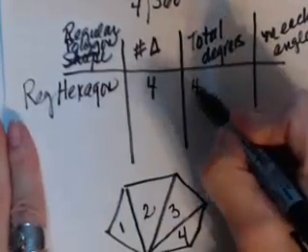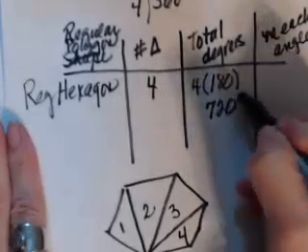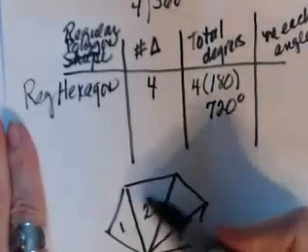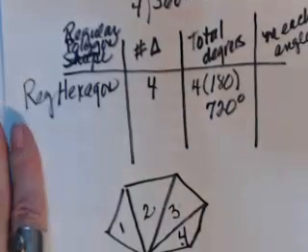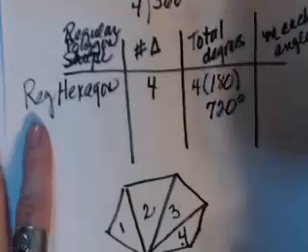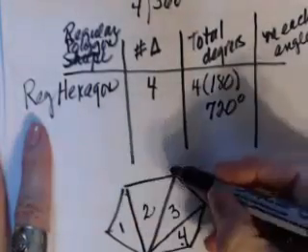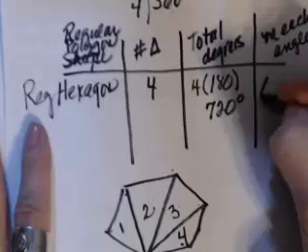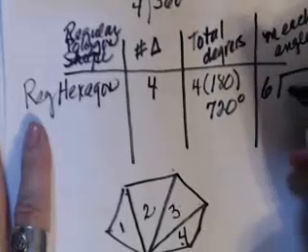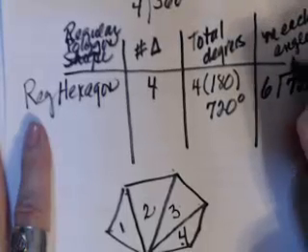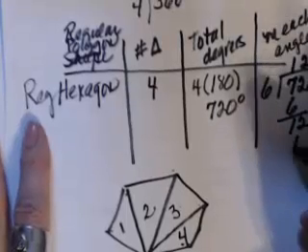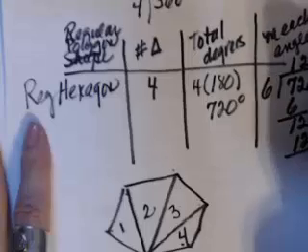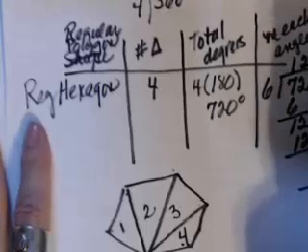So 4 times 180 is 720 degrees, would be the sum of the angles of a hexagon. But since it's a regular hexagon with 6 vertex angles, then I'm going to divide 720 by 6, and I will get the measure of each vertex angle to be 120 degrees.